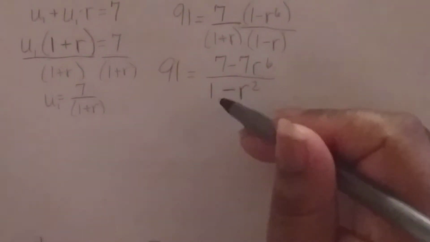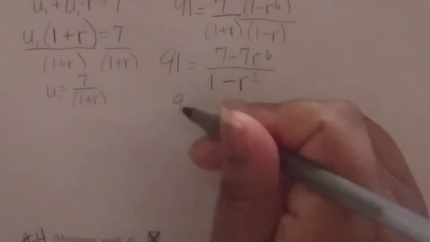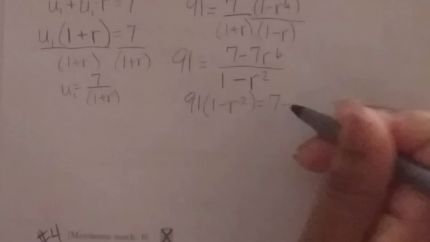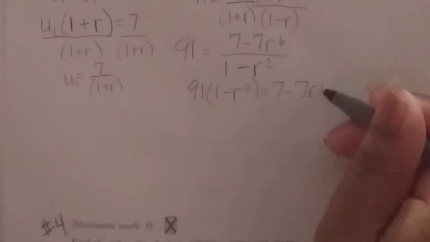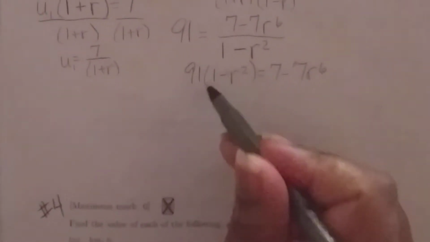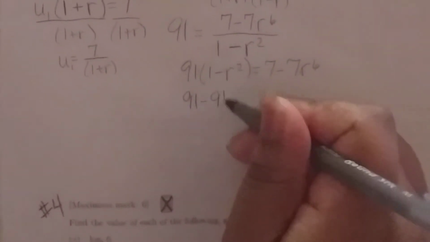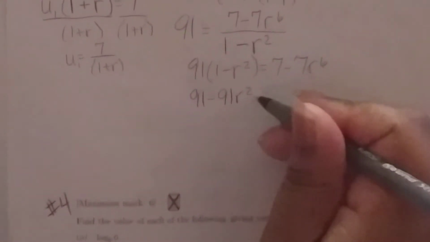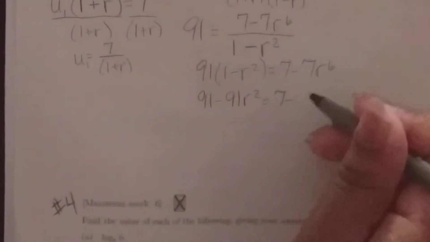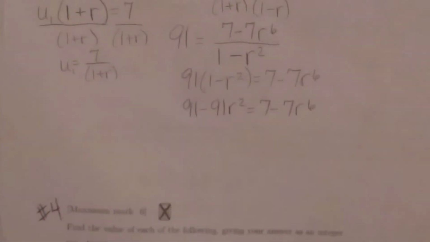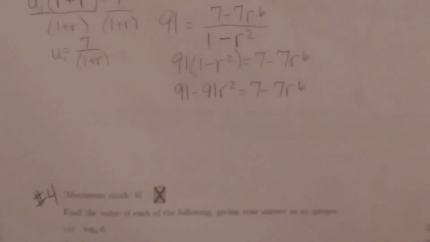I want to get rid of the fraction, so I multiply both sides by 1 minus r squared. So I get 91 times 1 minus r squared is equal to 7 minus 7r to the power of 6. Distribute. I get 91 minus 91r squared is equal to 7 minus 7r to the power of 6. I want to get all of these to one side.